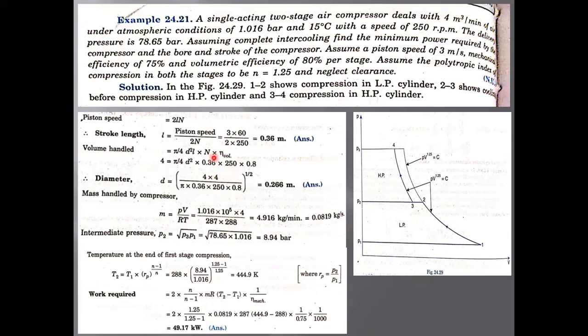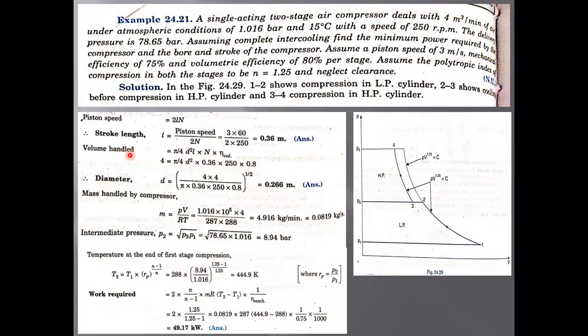If it is a power producing machine, then we take the volumetric efficiency in the denominator. That is the difference between power absorbing and power producing machines.